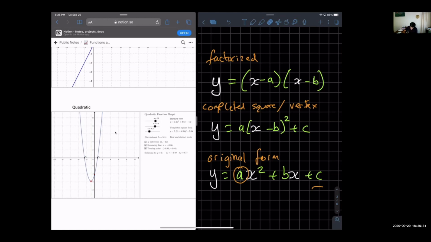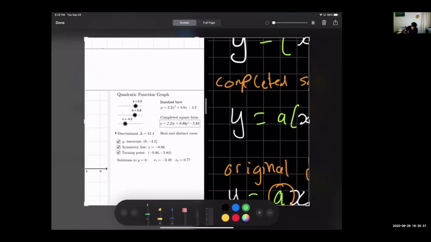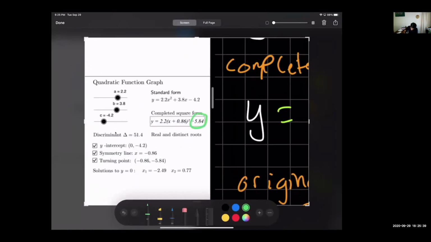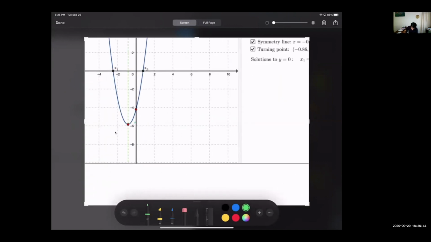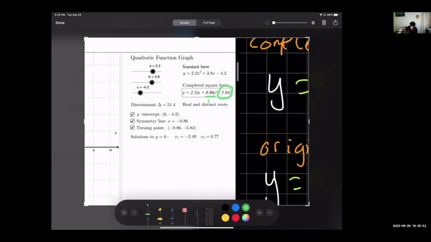So you will see that in this completed square form, this is around -6, and this is around -1, right? So you will notice here that the sign changes for the answer. If it's positive 0.86, then this becomes negative 0.86.